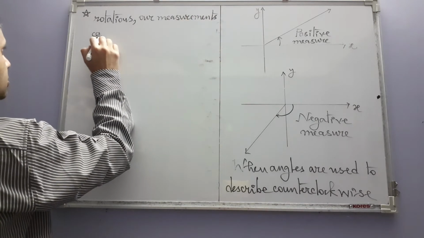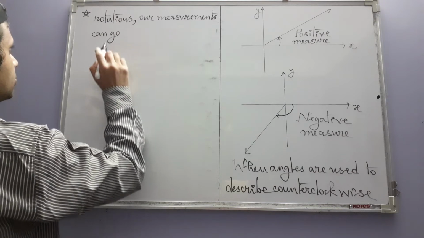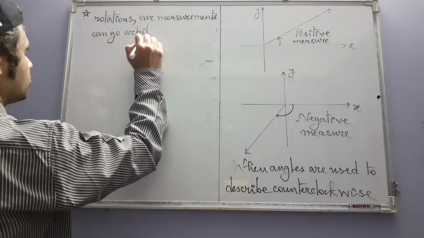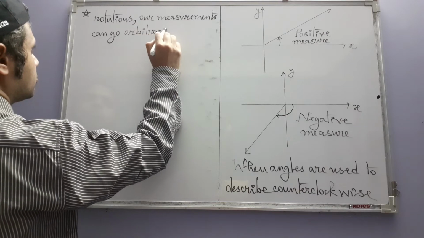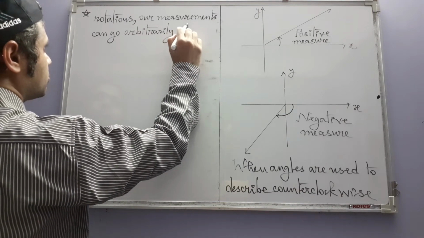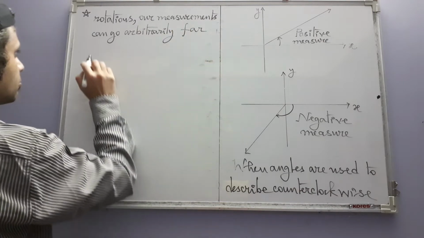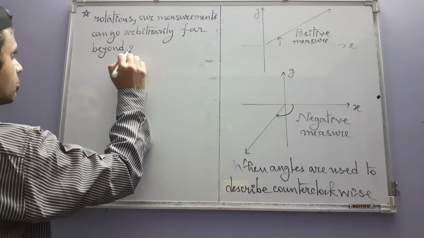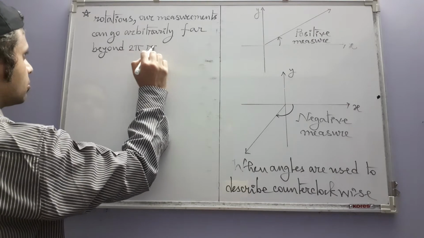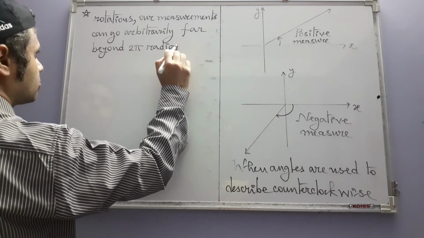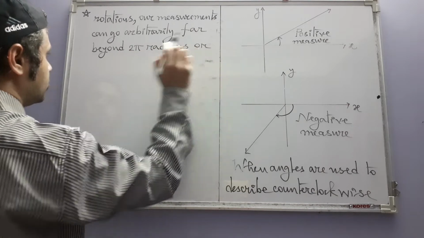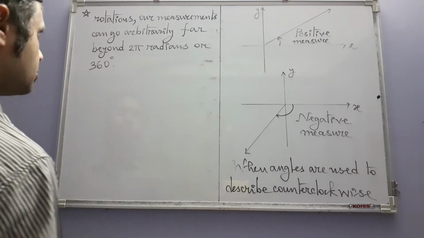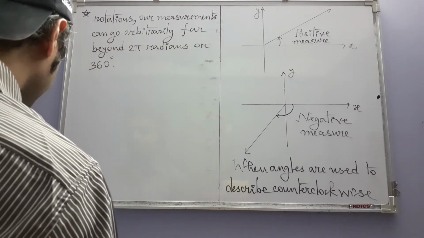Our measurements can go arbitrarily far beyond 2 pi radians or 360 degrees.